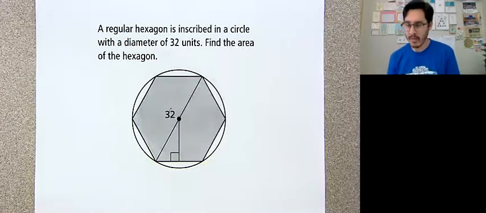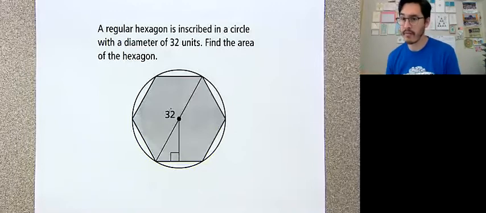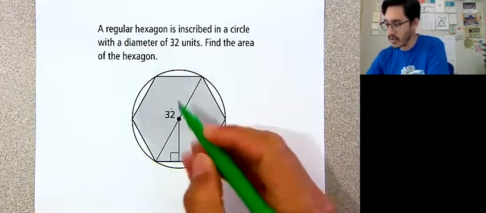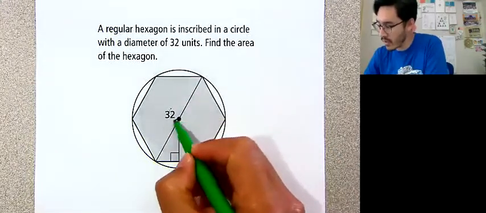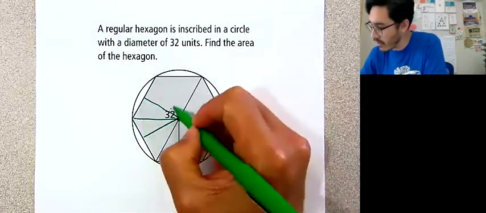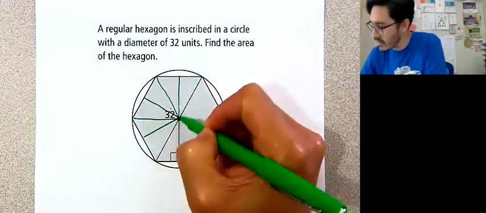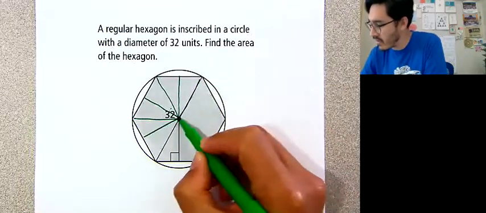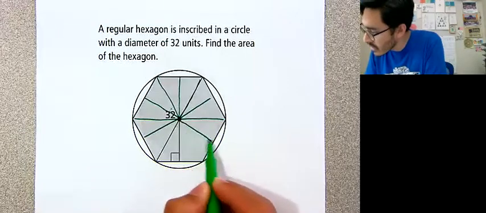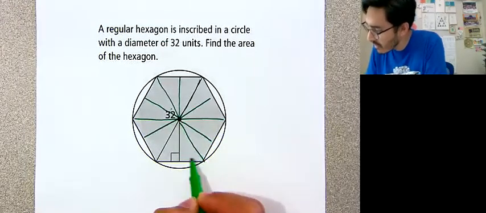So in my last video, I had mentioned a strategy that we're going to use, which is to divide the polygon into several right triangles. And you can already see that one right triangle is here, and so we'll just continue that. So that's 1, 2, 3, 4, 5, 6, 7, 8, 9, 10, 11, and 12.